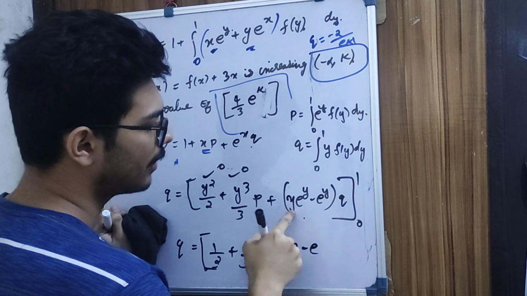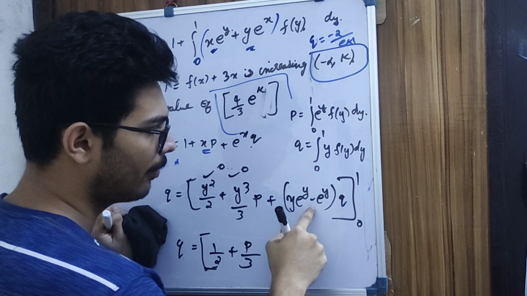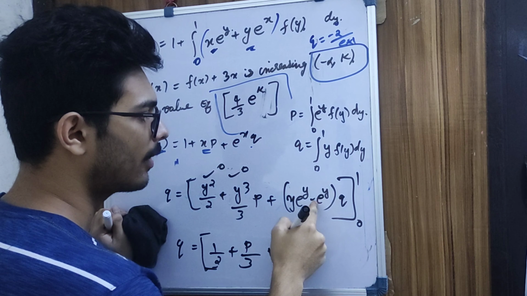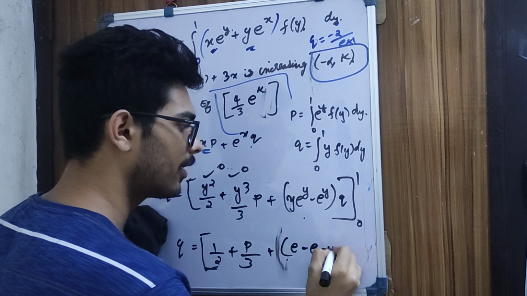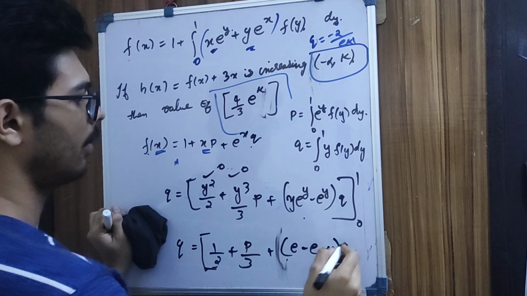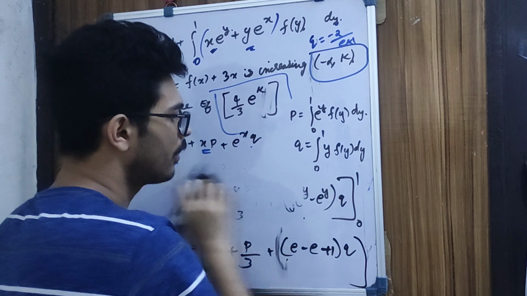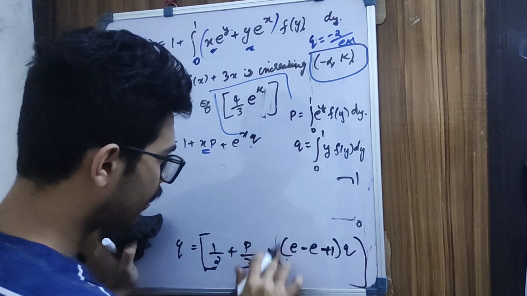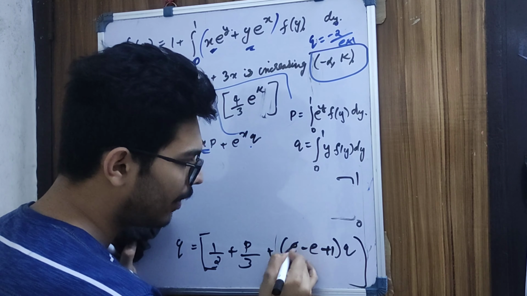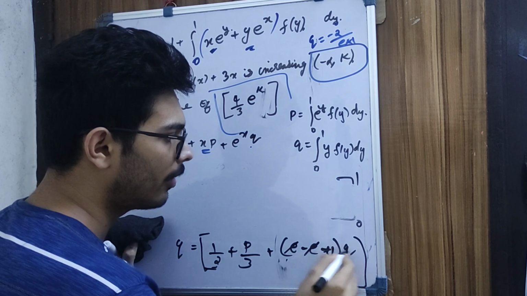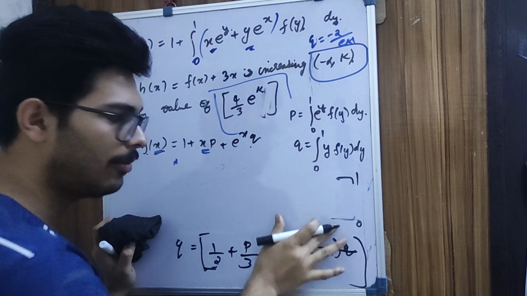Given the lower limits, this term goes to 0 and this term will be equal to minus 1, and minus 1 of minus 1 will be equal to plus 1 into q. Now we can see that e minus e will be equal to 0 and 1 into q will be equal to q. So the whole term will be equal to q.